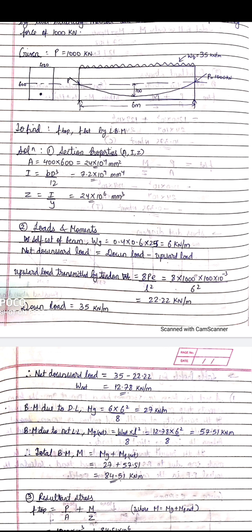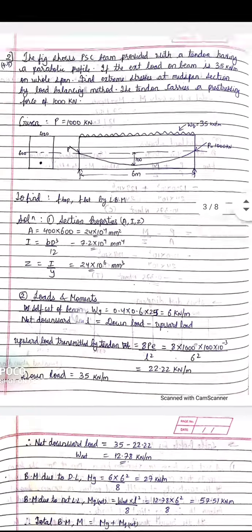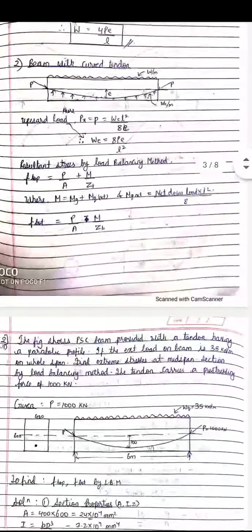So now we have to find out the net downward load, which is given by downward load minus upward load. Downward load is already given in the question. What we have to find is the upward load. So upward load transmitted by the tendon, Wc, which we have seen in the theory part, is nothing but 8PE upon L square.